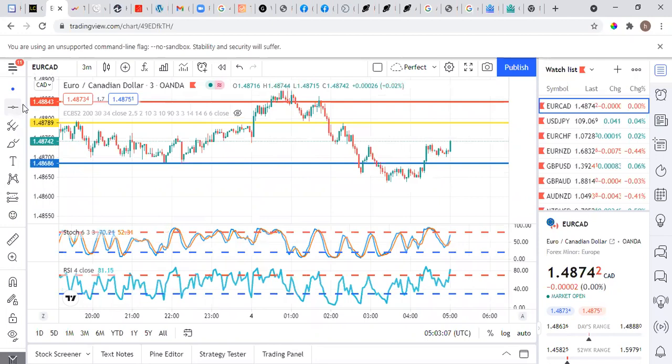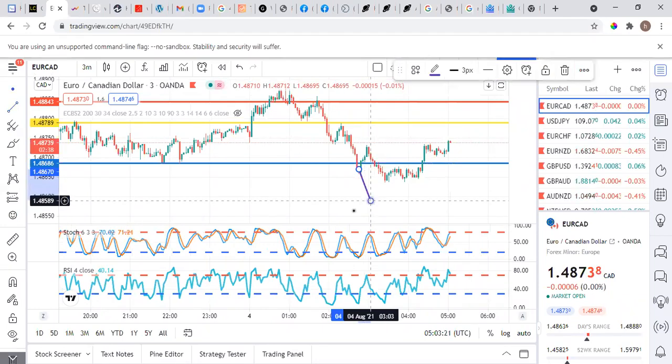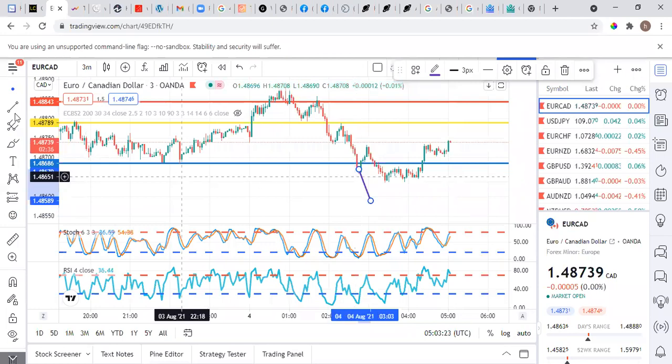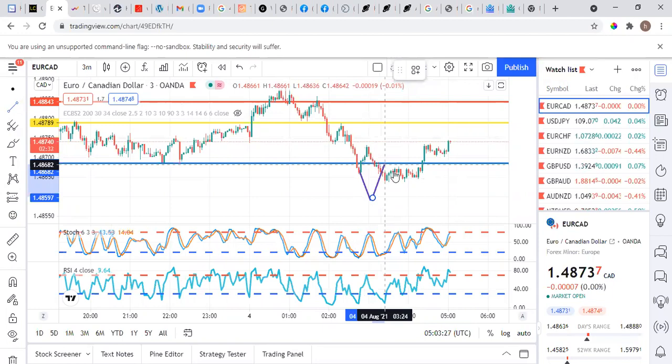Let me use a trendline to explain that. I'm going to show you a real example. If this candle breaks this way, down, it broke my support line down. It now went up a little bit, touched this line, and comes down again.